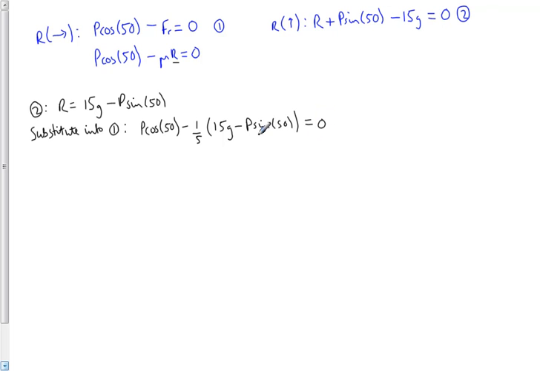So we've now got one slightly complicated equation, but we've only got P unknown in this equation, not P and R, so we can solve it.